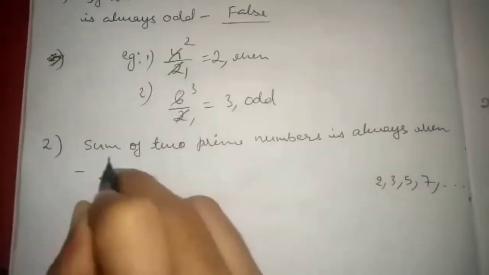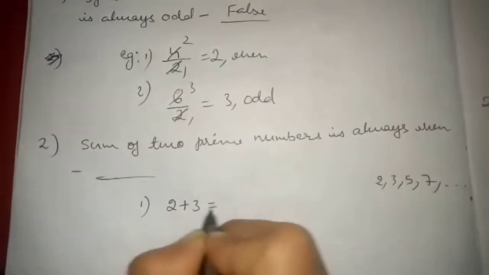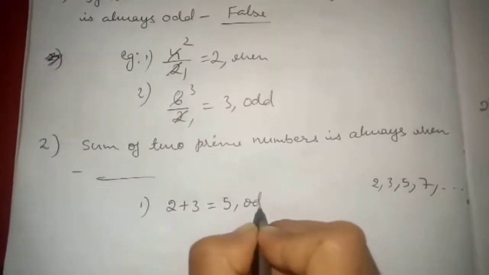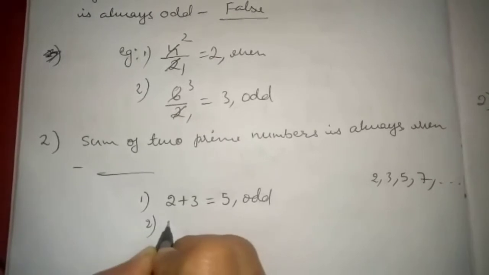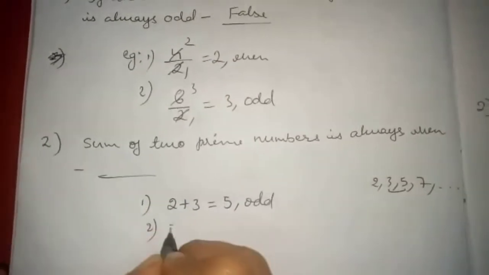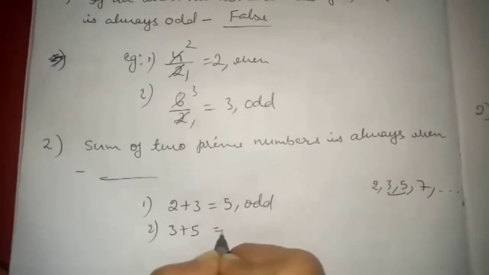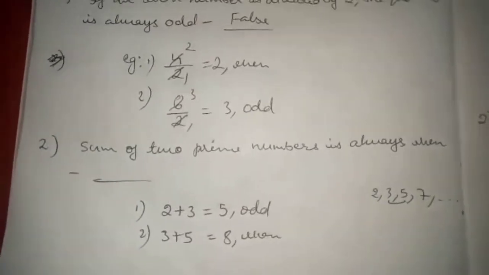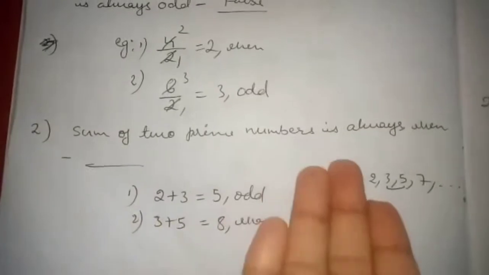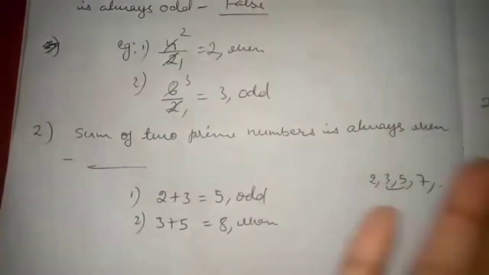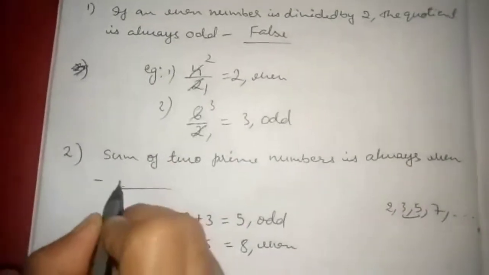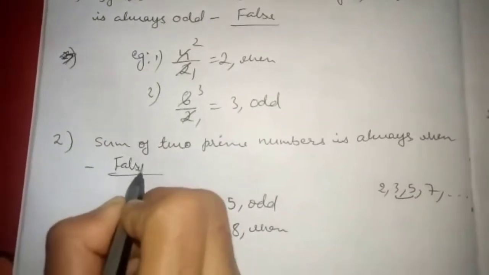Sum means you are adding. 2 plus 3 is what? 5. So 5 is an odd number. Let me take the next two: 3 plus 5, how much? 8. 8 is an even number. So we cannot say the sum of 2 prime numbers is always even. You will get odd also. So this statement is also false.